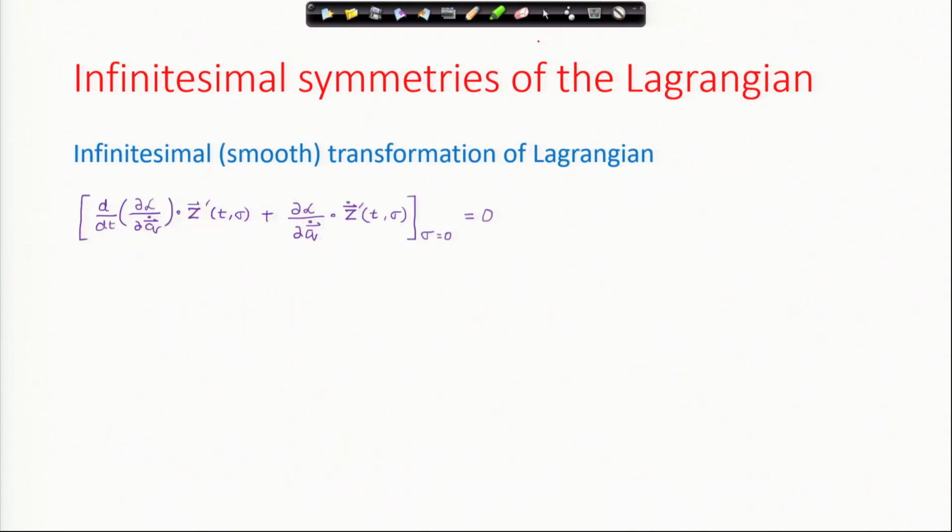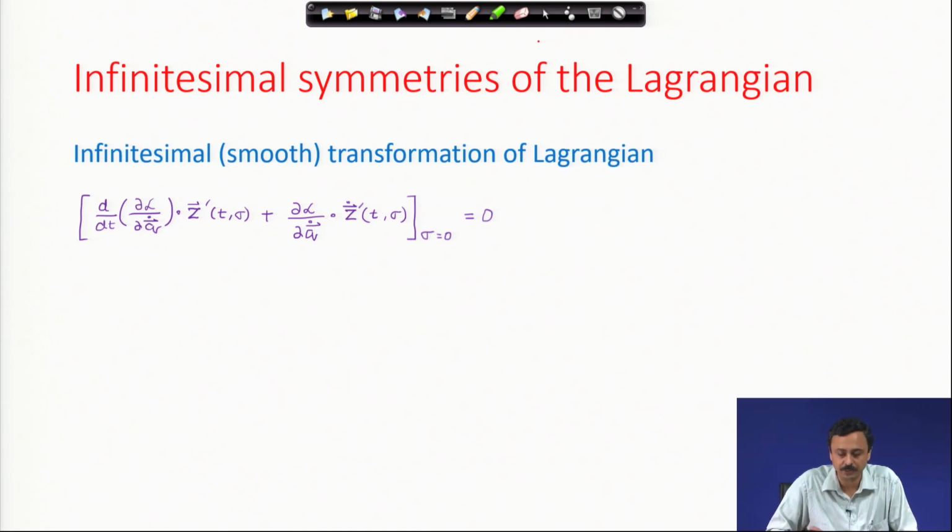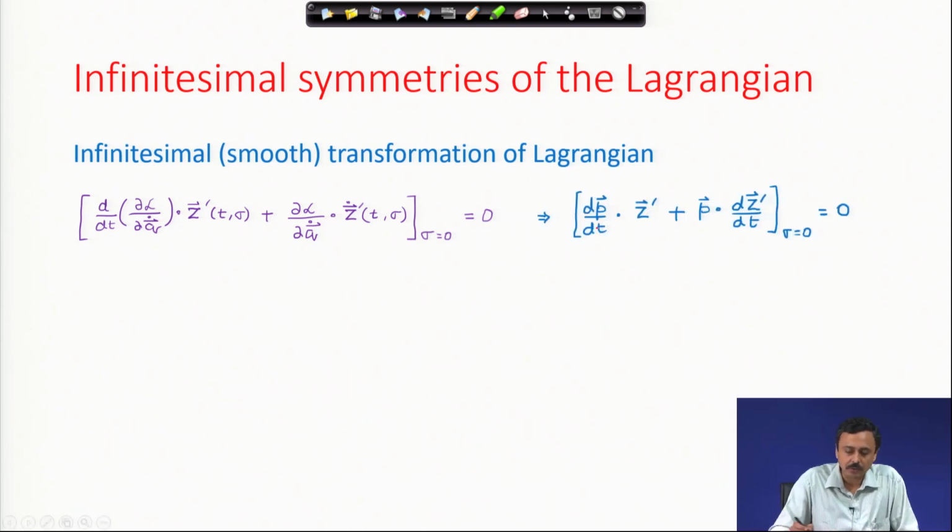So, the whole expression must be equal to 0 because of the symmetry. Now, you know that this term is nothing but the momentum conjugate corresponding to the coordinate q. So, ∂L/∂q̇ vector is the generalized momentum vector.